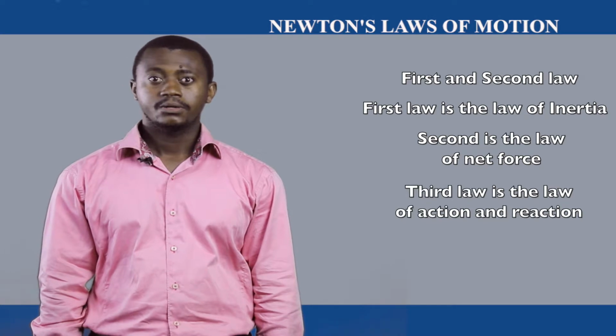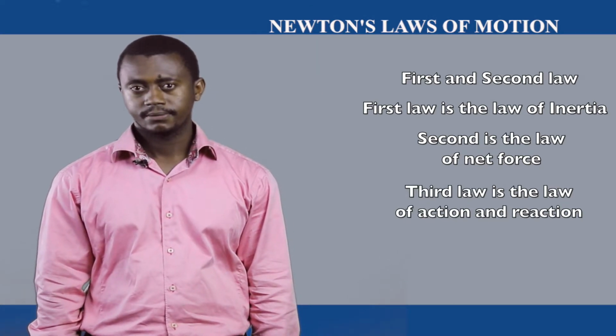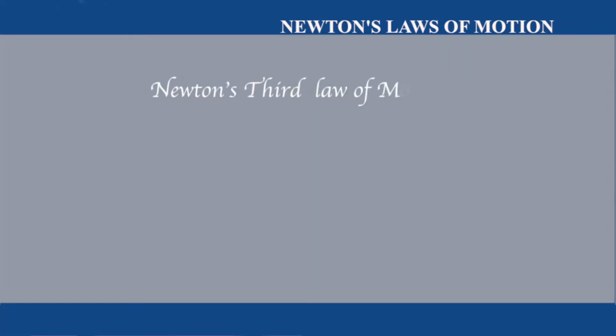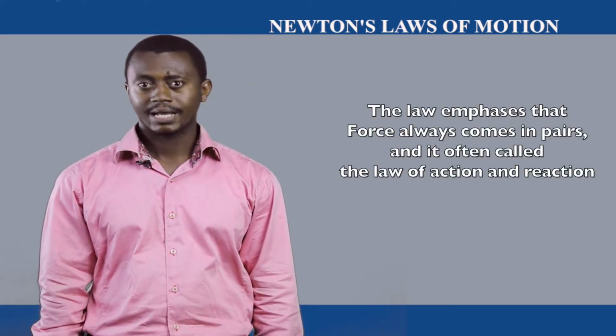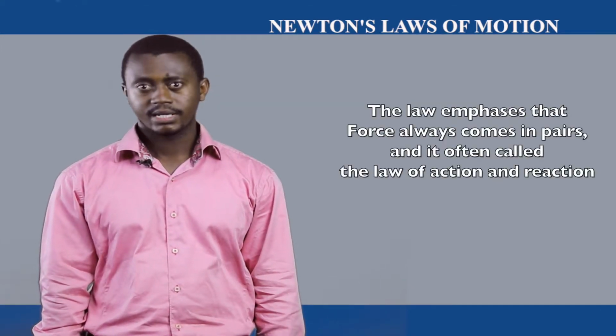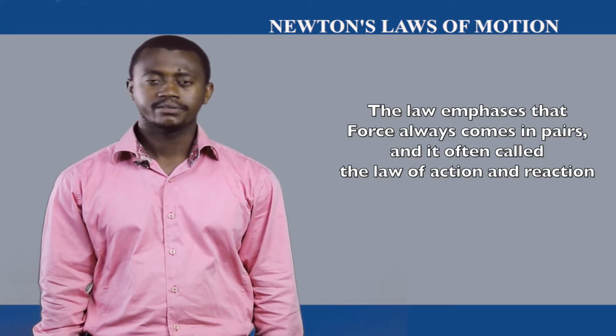The third law is the law of action and reaction, which states that to every action there is an equal and opposite reaction. The law emphasizes that forces always come in pairs, and it is often called the law of action and reaction.